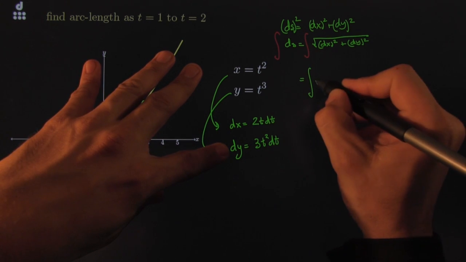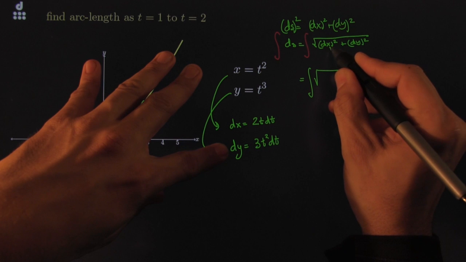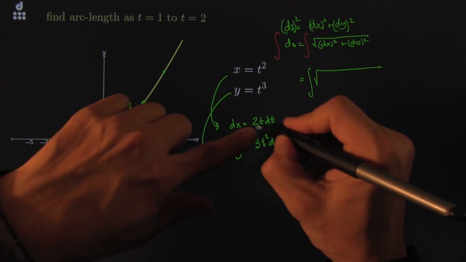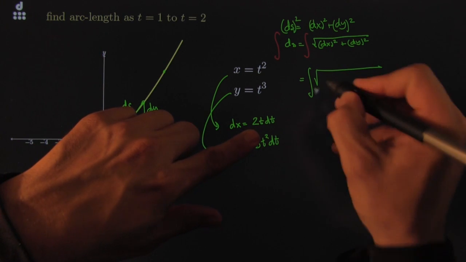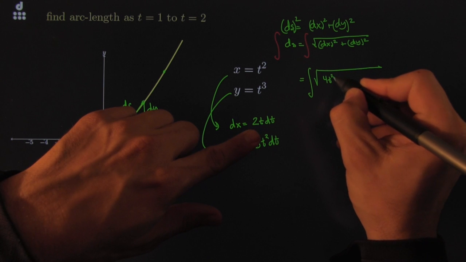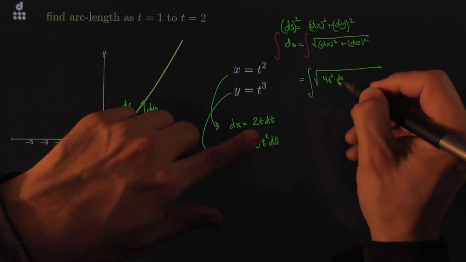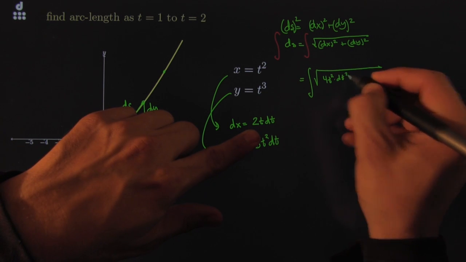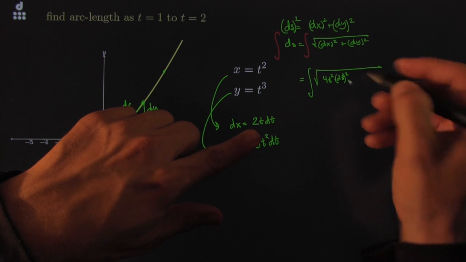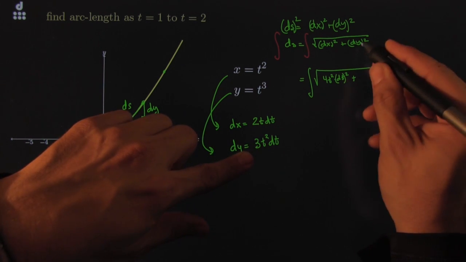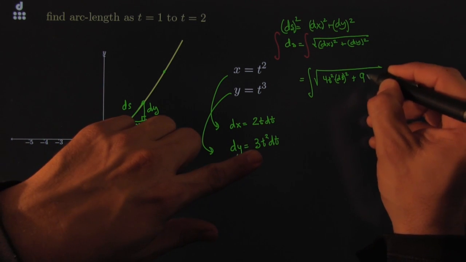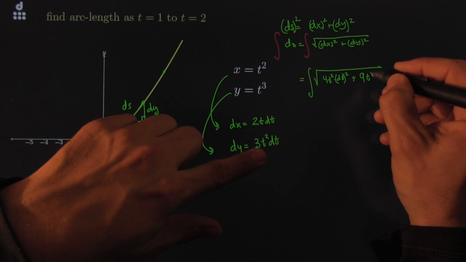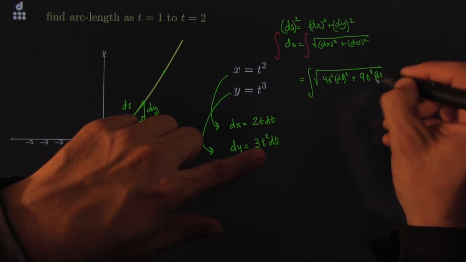That forces this one to be the square root of dx squared, so I've got to square both of these sides. That would give me 4t squared dt squared. And I've got to do dy squared. That would give me 9t to the 4th times dt squared.